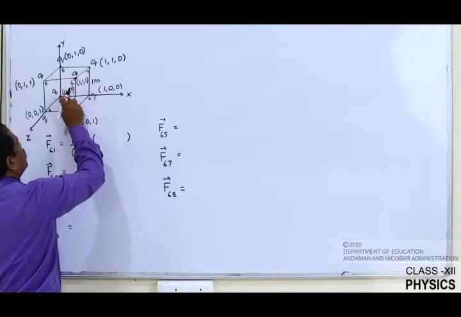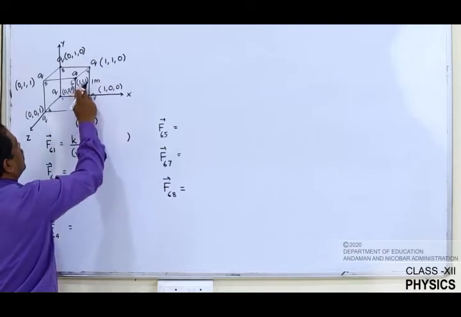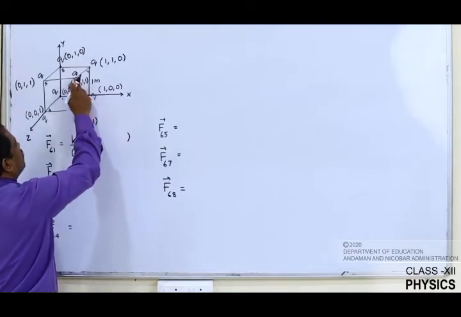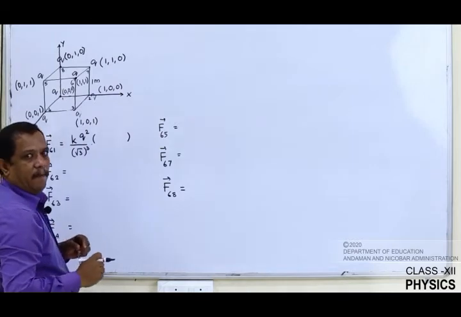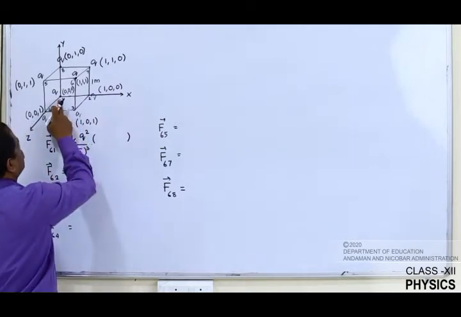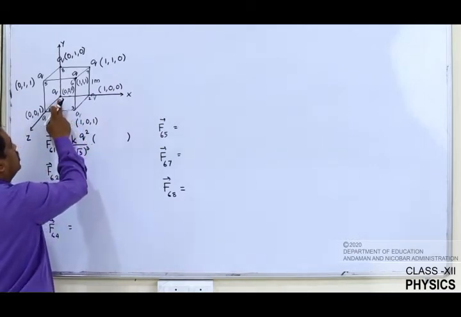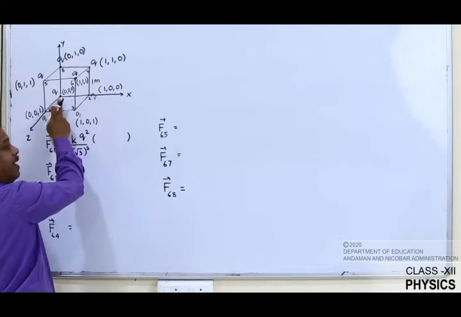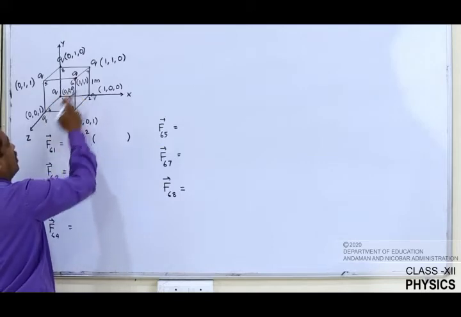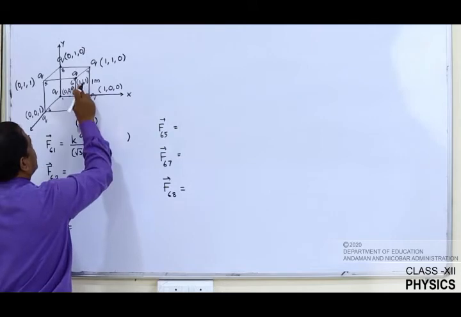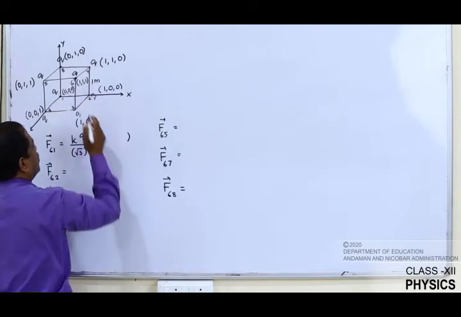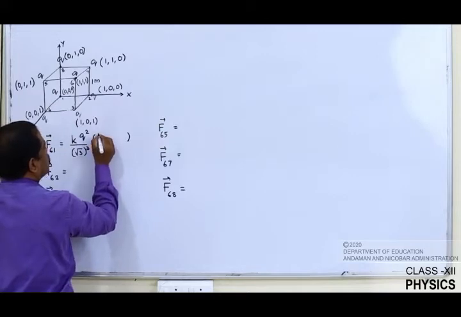So 1 minus 0, 1 minus 0, 1 minus 0 this will have. So if this is 1, 1, 1, do you think that the position vector of this is i, j, k? And the position vector of this is 0i, 0j, 0k? So if I subtract, I am going to get 1i minus 0i. So I am going to get 1i. So this will be i.